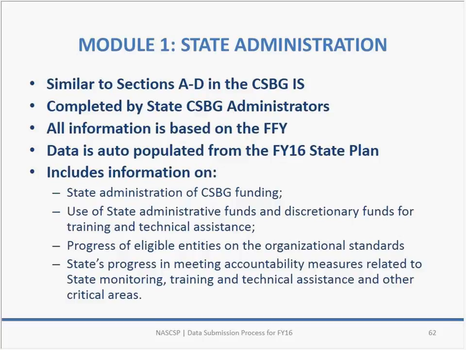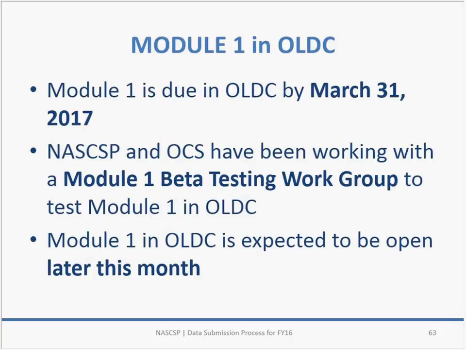There is also a new section on organizational standards for eligible entities, monitoring, state languages, and a section on ROMA. We have an annotated version of the annual report that shows you the crosswalk between the IS and the state plan. So I encourage everyone to take a look at that.